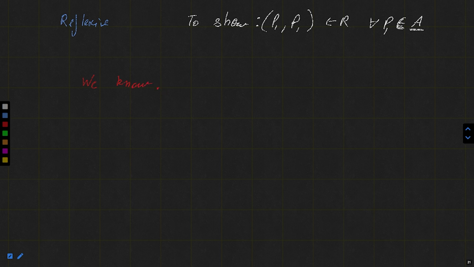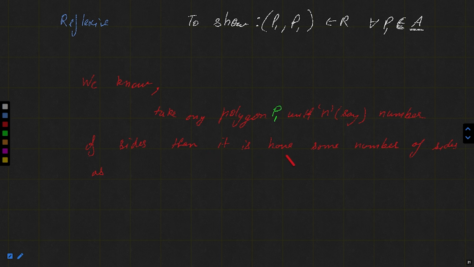We know that we can take any polygon, say P1, with n number of sides.